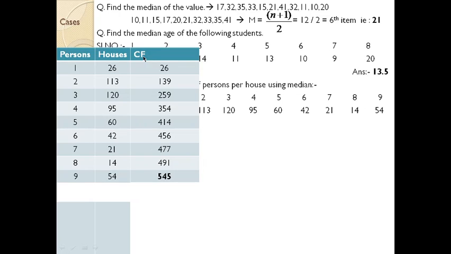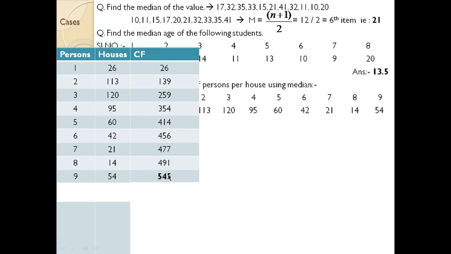Here cumulative frequencies, as the name suggests, are prepared on the basis of the frequency given in the question. So it is very important to identify what is X and what is F given in the question. And finally, it is 491. 491 is adding together 14 along with all the numbers preceding this frequency.